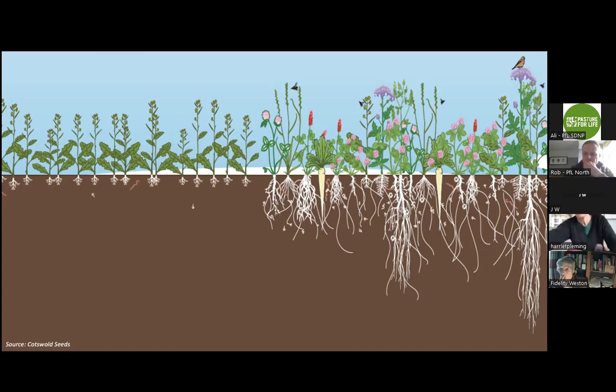We have more diverse diet for the livestock. We have different plants, leaf growth habits, so above ground architecture, capturing that sunlight, using those nutrients to drive photosynthesis, different flowering times, supporting different beneficial insects across a wider spectrum of the growing season as compared to our, for example, monoculture on the left-hand side.